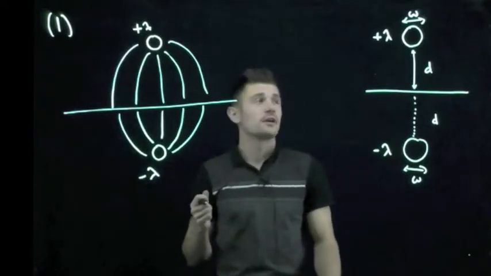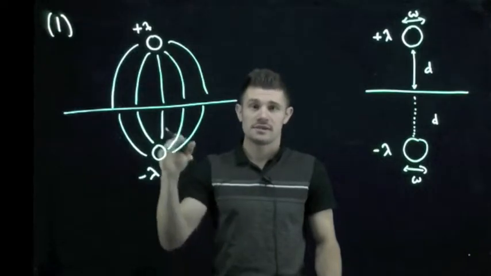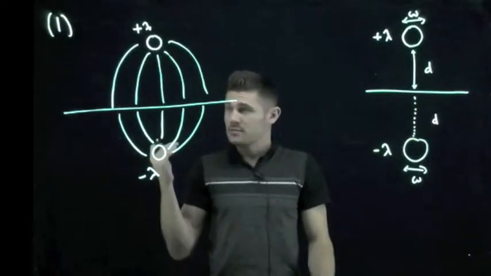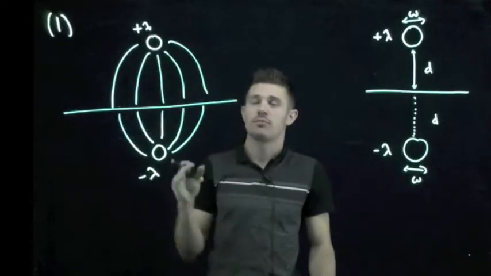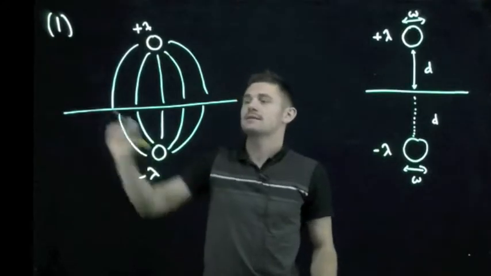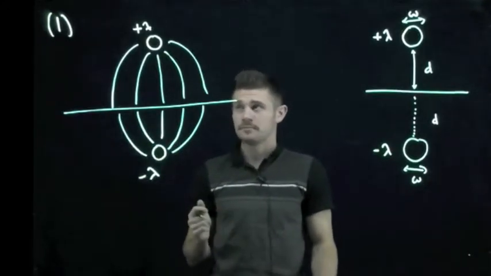And that's what we have here. So the reason this has to be a negative charge and has to be the exact distance below the plane, so we have a d here and a negative lambda here, is because we have this dipole set up, and in order to get this equipotential surface to exactly cut this dipole in half, this is the charge configuration that we have to have.